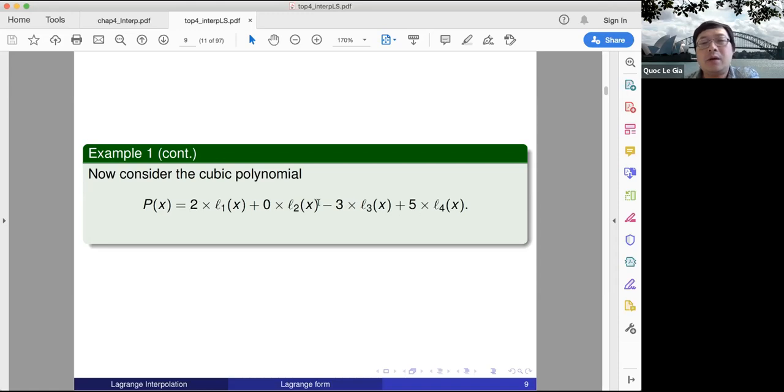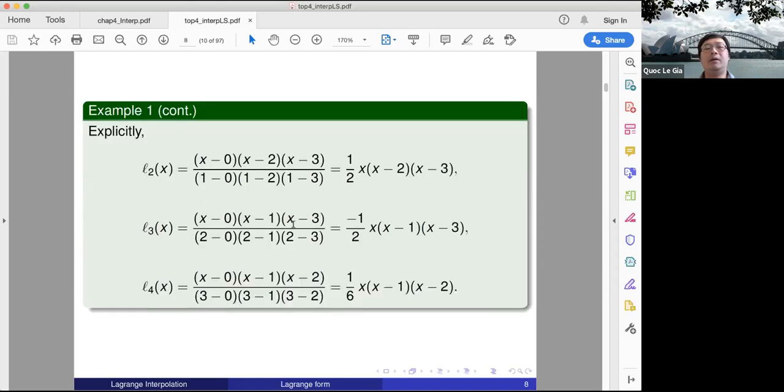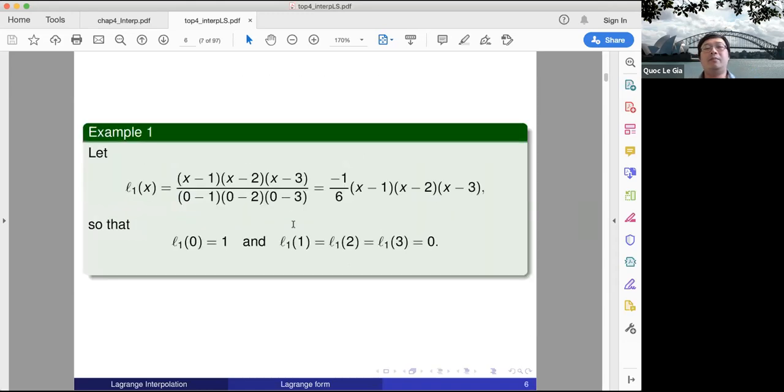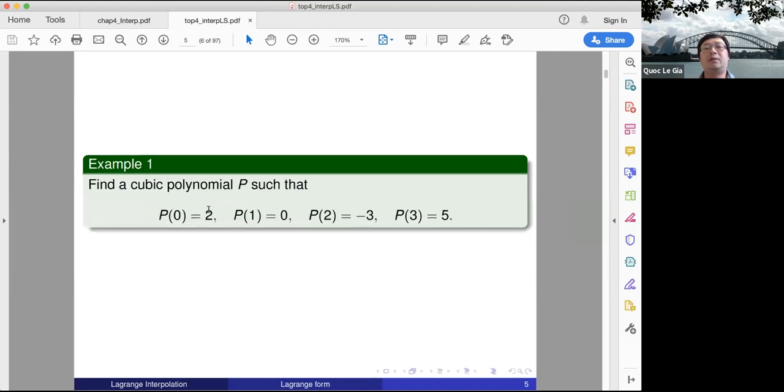The 2, the 0, the minus 3, and the 5. They come from the data points. If you remember, 2 here and 0 here, minus 3 here and 5.